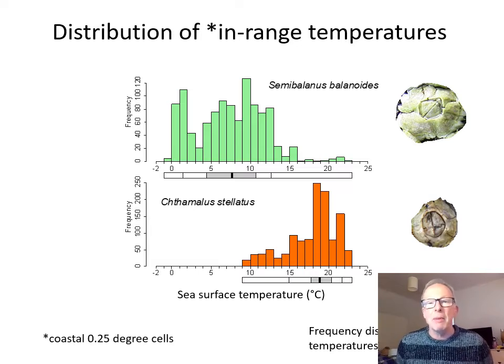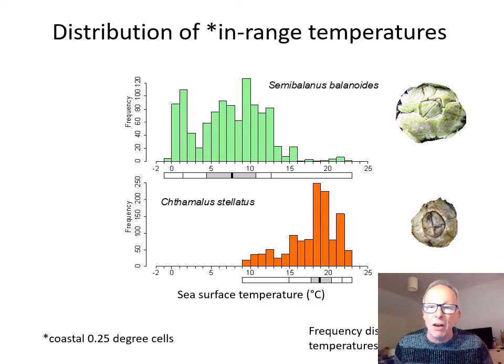Semibalanus balanoides typically is found between 0 and, let's say, 15 degrees, although there's some extension of its distribution into warmer places. And that means that we can express the place where the centre of its distribution range is around 7 degrees centigrade.